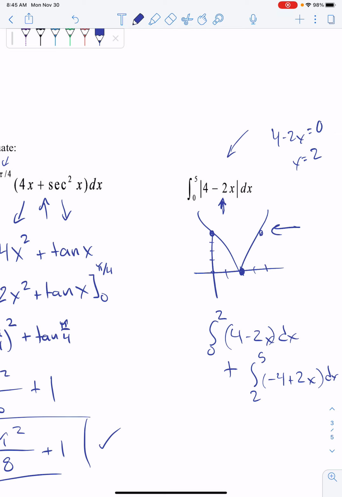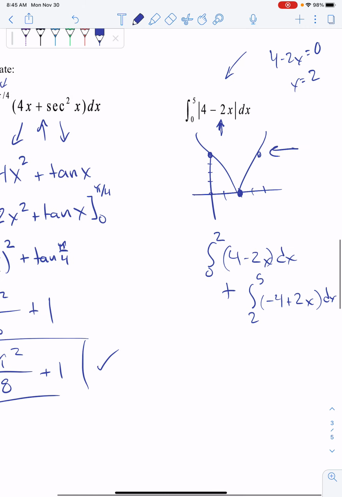Now doing this, the integration right here, we are more than welcome. You can just plug in, we can do the fundamental theorem of calculus. So I can take 4 minus 2x, and that becomes 4x minus the 2x becomes x squared, but I have to times by a half, and I still have that 2.